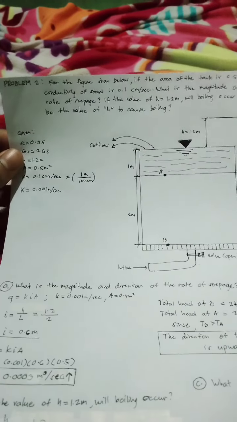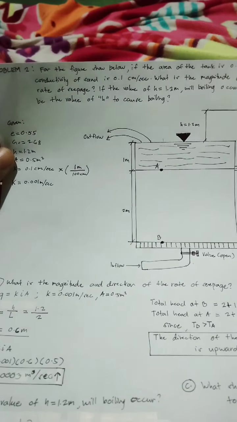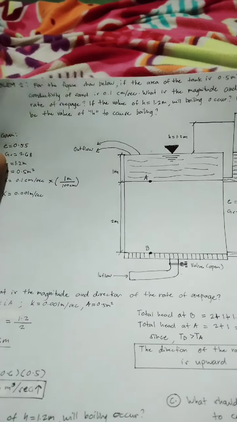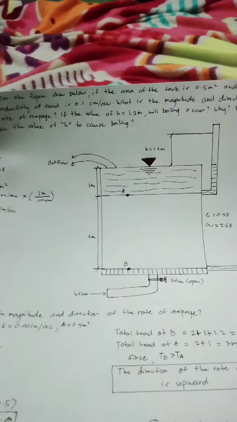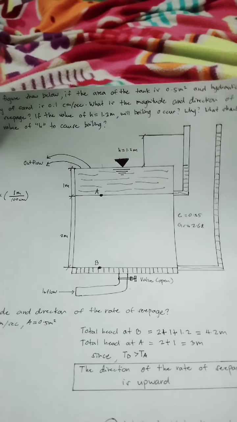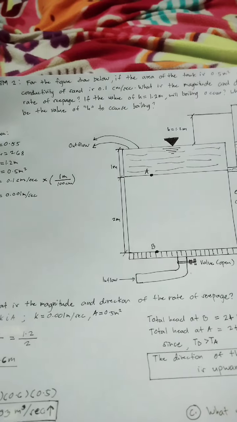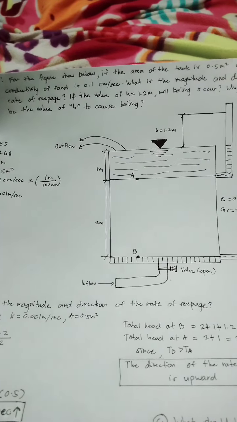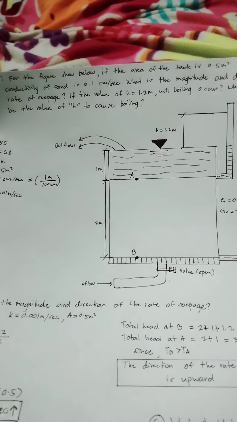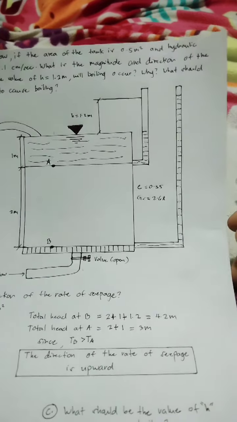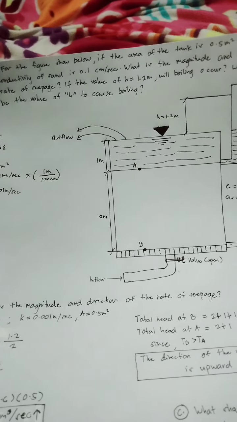So for problem number 2, for the figure shown below, if the area of the tank is 0.5 meters squared and the hydraulic conductivity of sand is 0.1 centimeter per second, what is the magnitude and the direction of the rate of seepage?